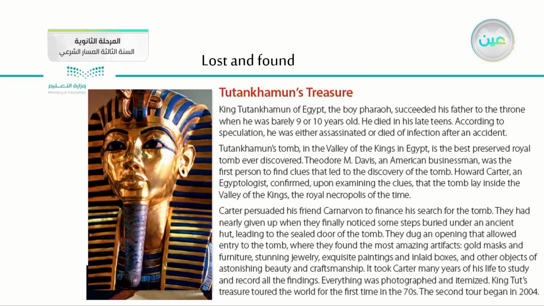They had nearly given up when they finally noticed some steps buried under an ancient hut leading to the sealed door of the tomb. They dug an opening that allowed entry to the tomb, where they found the most amazing artifacts: gold masks and furniture, stunning jewelry, exquisite paintings in inlaid boxes, and other objects of astonishing beauty and craftsmanship.